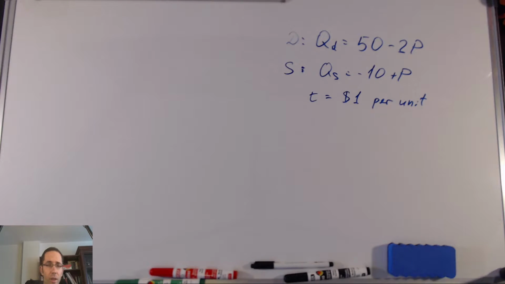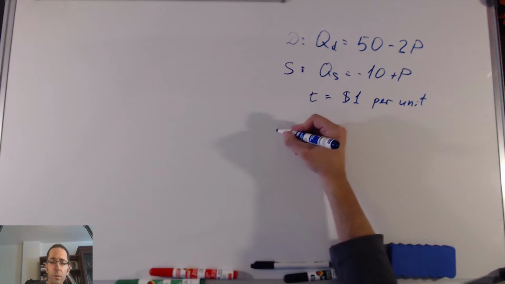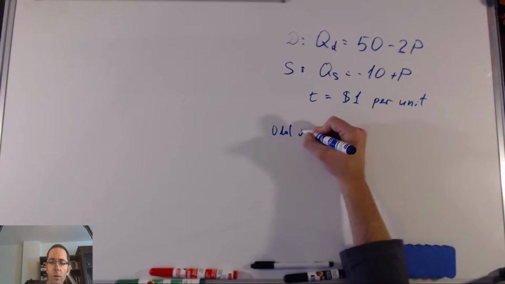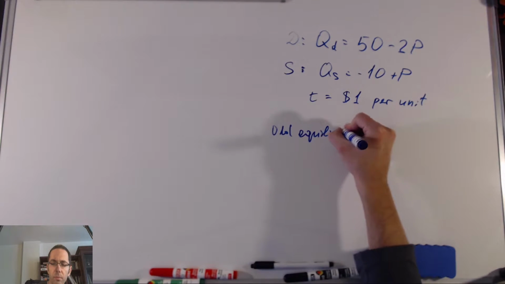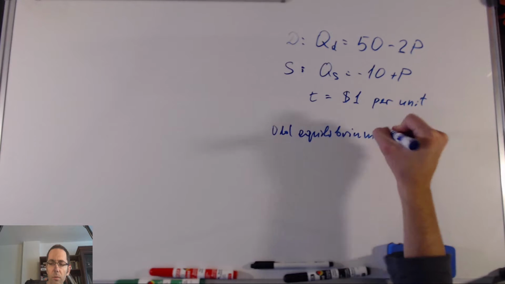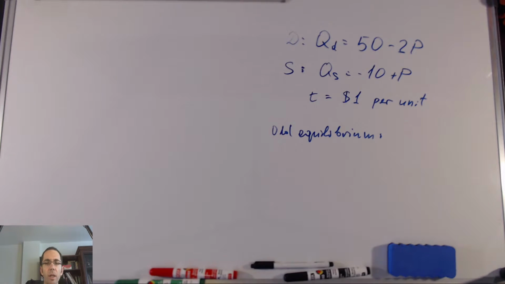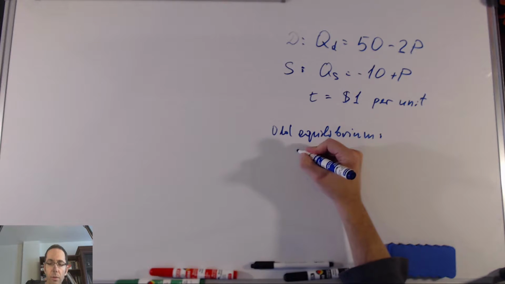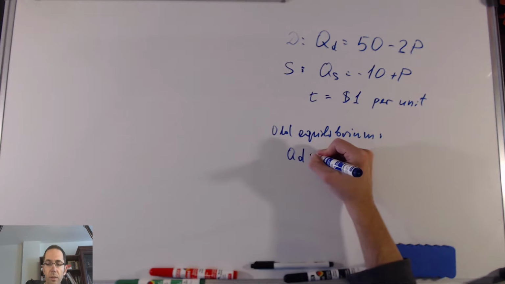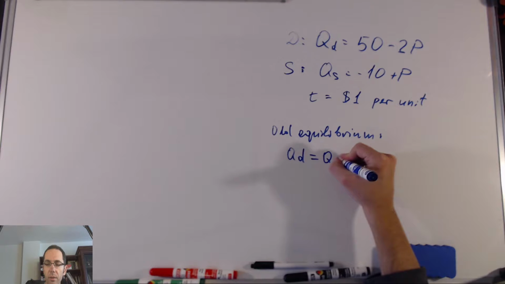So to solve this, it's good to see where the old equilibrium was. We have to equate supply and demand. So quantity demanded is equal to quantity supplied.